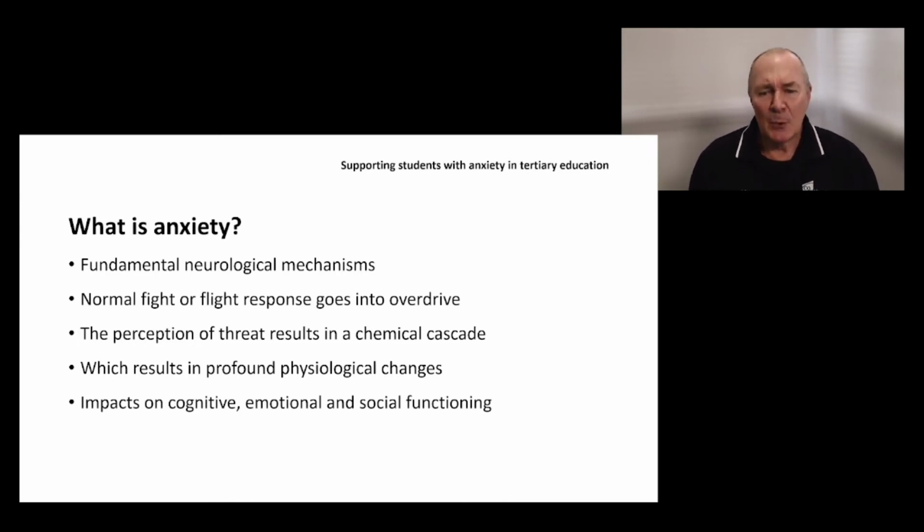So people will feel excessive feelings of fear and anxiety, but they'll also feel feelings of distress and feelings of depression and feelings of being overwhelmed. And people will then also experience impacts on their social functioning. So there'll often be a withdrawal from the very people who can help them, people who've perhaps even helped them in the past.